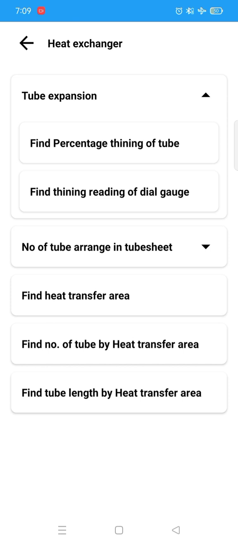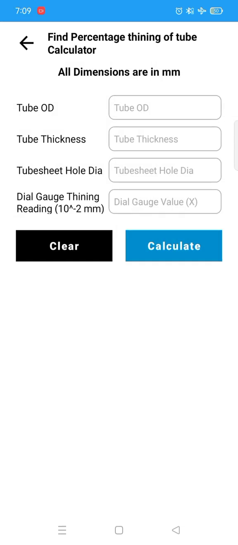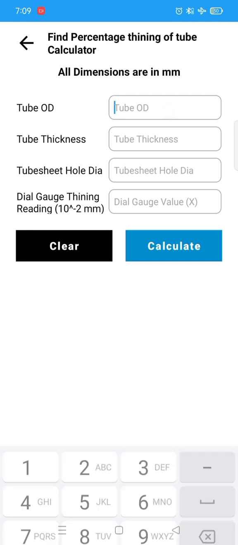In this section, you can find percentage thinning of the tube and thinning reading of the dial gauge. First one is percentage thinning of the tube. After the expansion of the tube, you can find the percentage thinning of the tube.